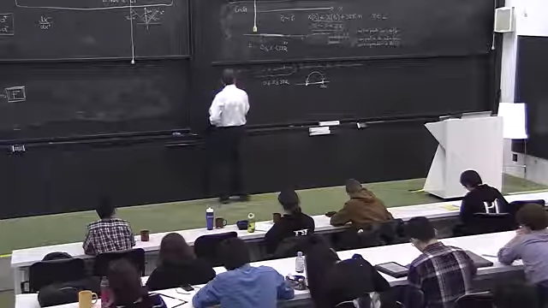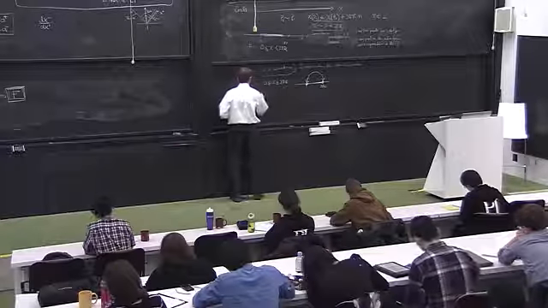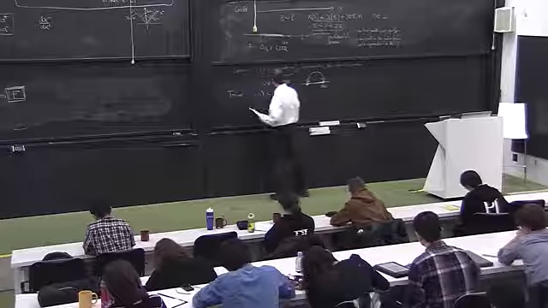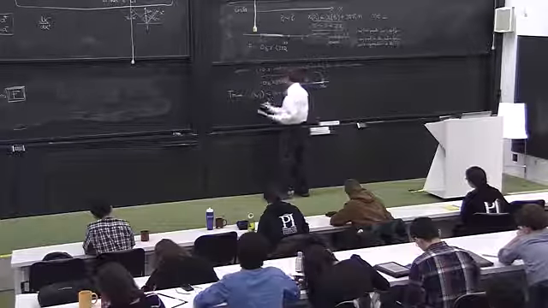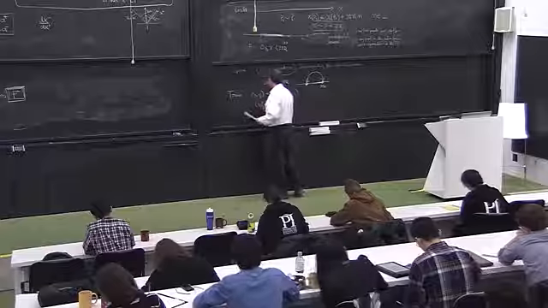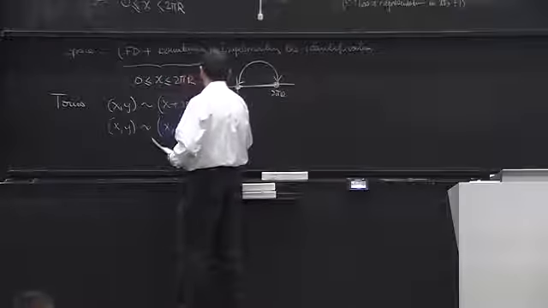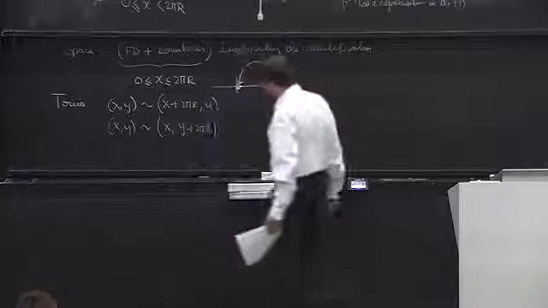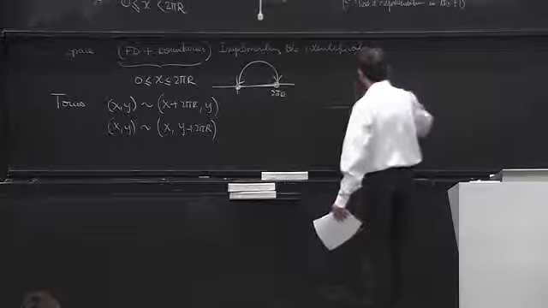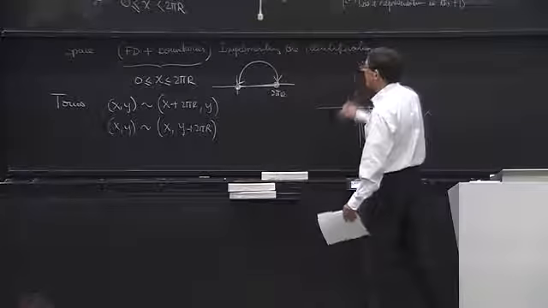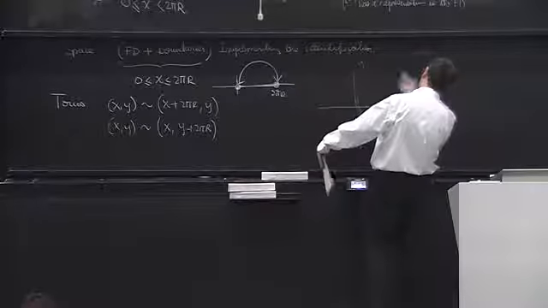A torus is done by this identification. xy similar to x plus 2 pi r y, and xy similar to x y plus 2 pi r. Why? Well, intuitively at least, in the xy plane, you say this identification moves any points 2 pi r.